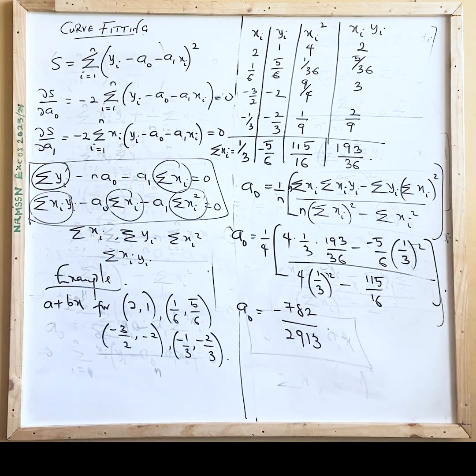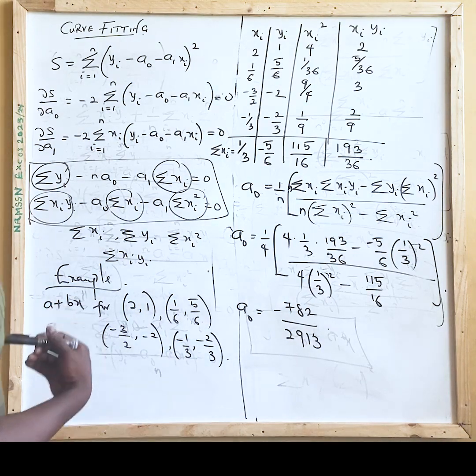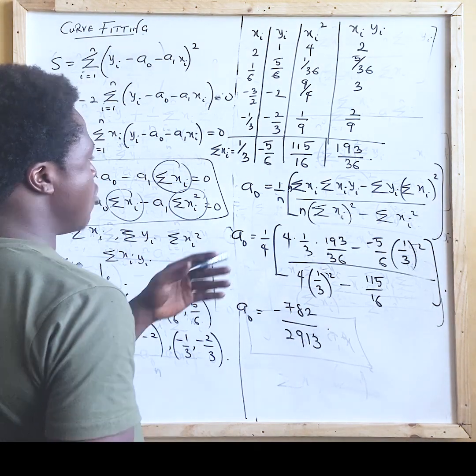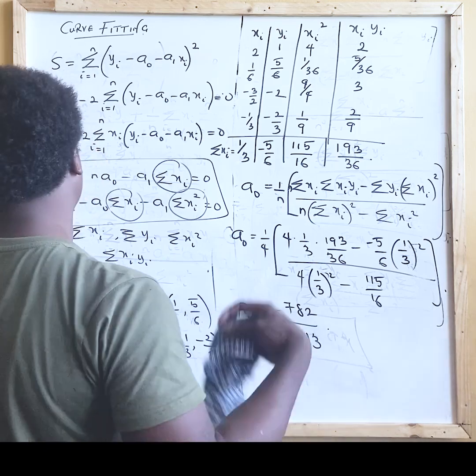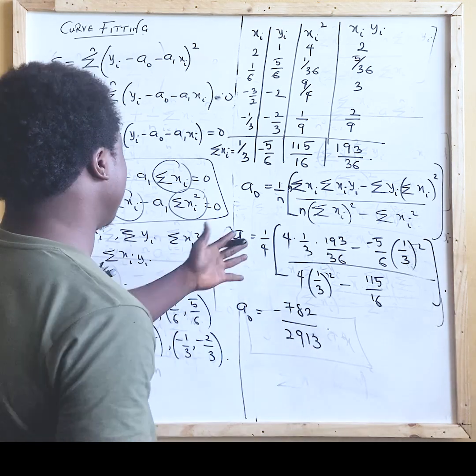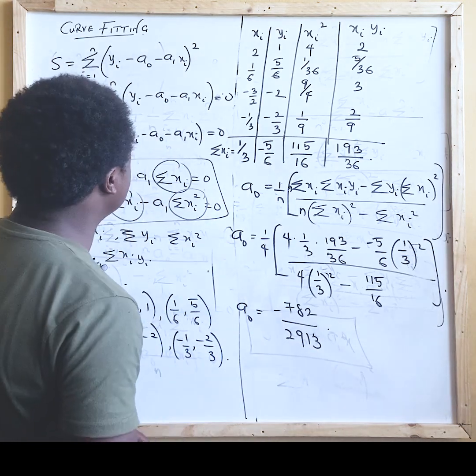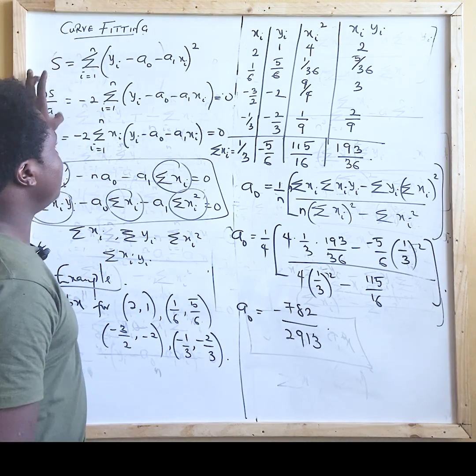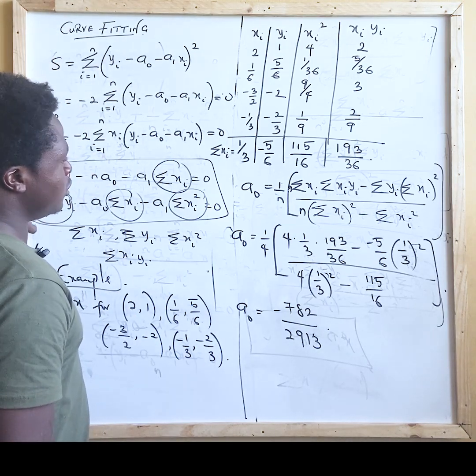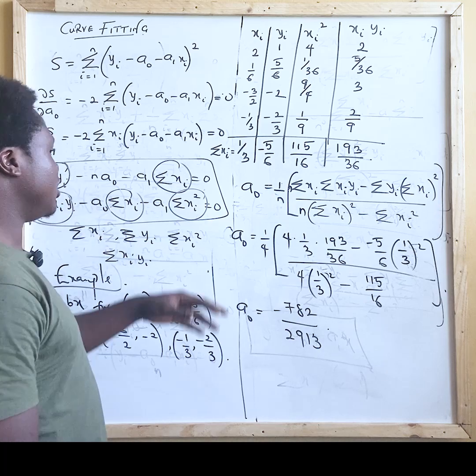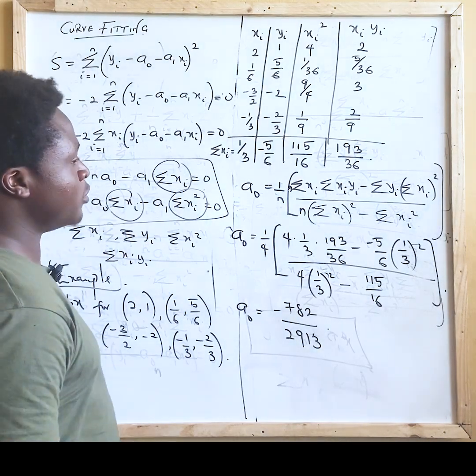So we'll go on to get what a1 is. Of course, we know the formula for a1 also. But left to me, I won't go with this because I cannot cram this formula. Rather, I will know that this is my residue, differentiate it to get these two results, then put in all the values there so that we can solve for a naught and a1.